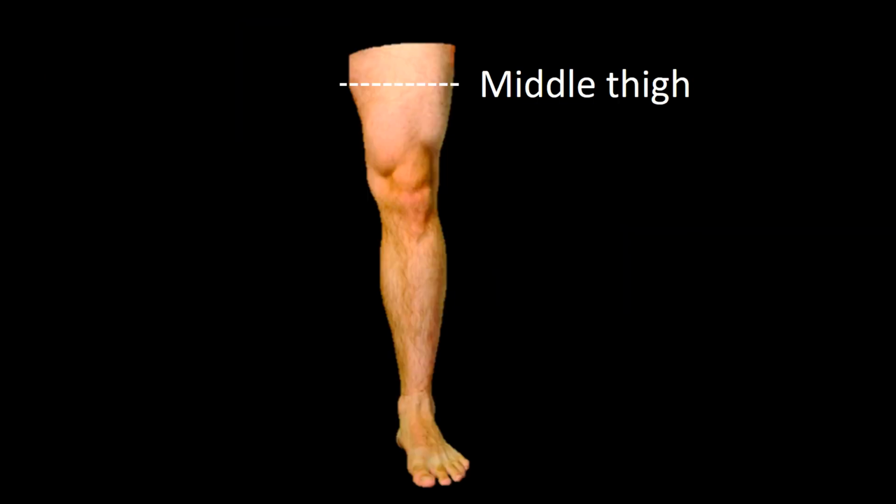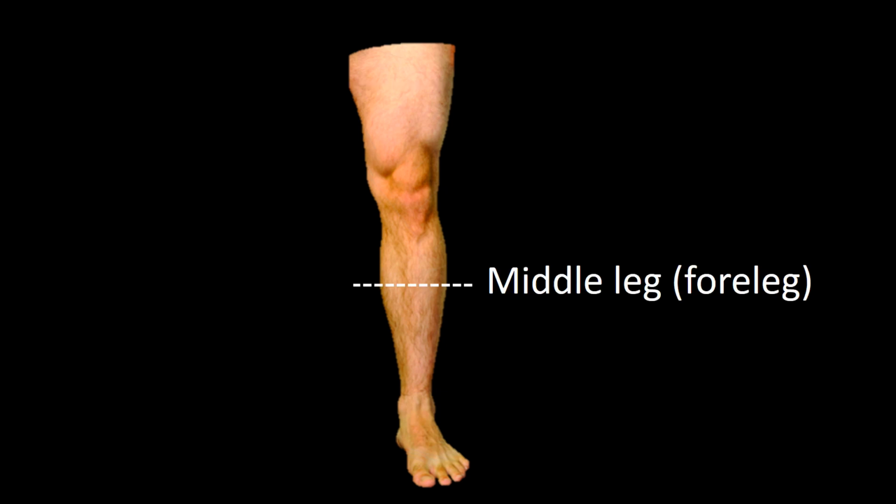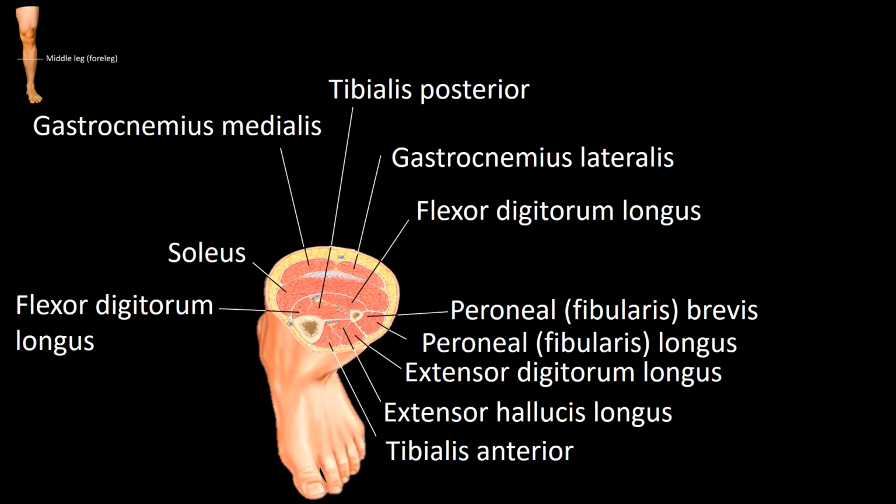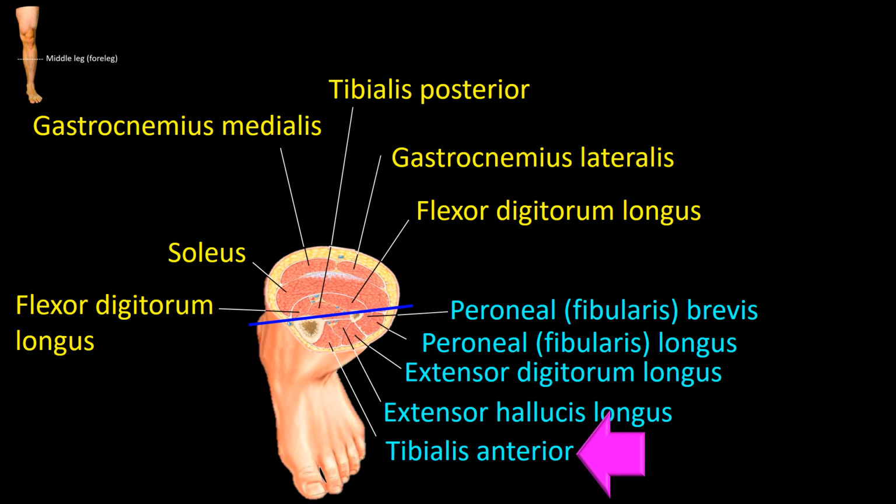After the mid-thigh, we're going to look at the middle of the leg or foreleg. In this transverse cut of the foreleg, I have labeled most relevant muscles. I have, as we have done before, drawn a line, but this time through the tibia and fibula to separate those muscles anterior to the line and those muscles posterior to the line.